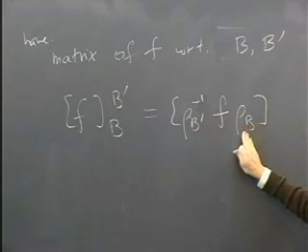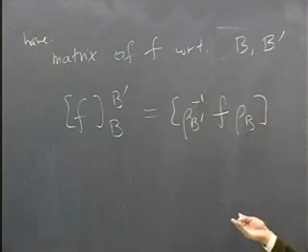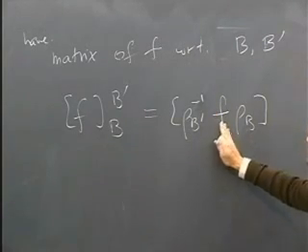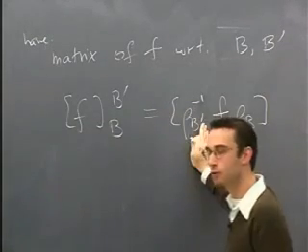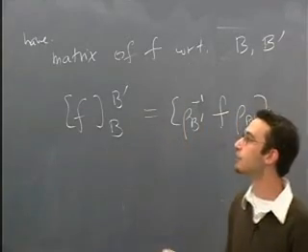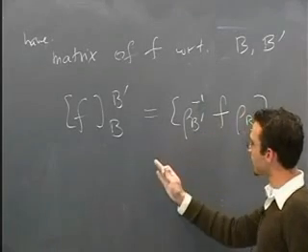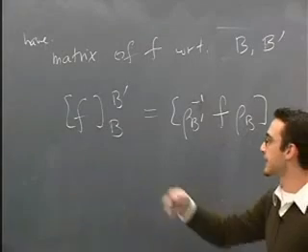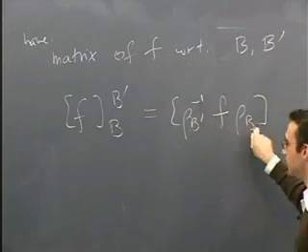Well, we defined rho B so that it takes this standard vector space, these things of the form Fn, to the vector space we're working in. Then F takes the vector space we're working in, V, to something in the vector space V prime. Then rho B prime translates back out of the abstract language of these vector spaces V prime and gives you something in this canonical vector space Fm using this basis B prime. So it's the matrix of F with respect to B and B prime.